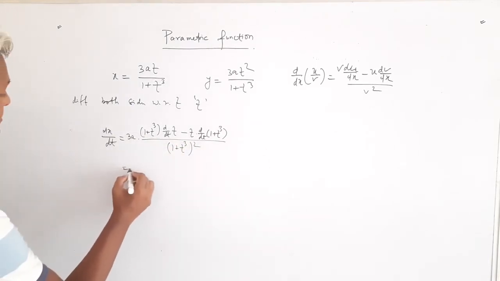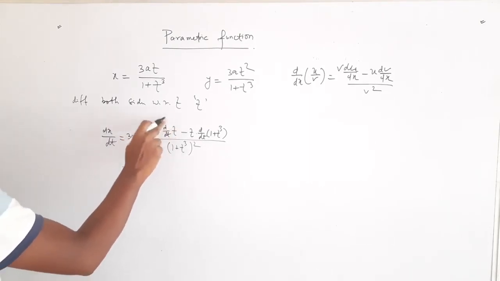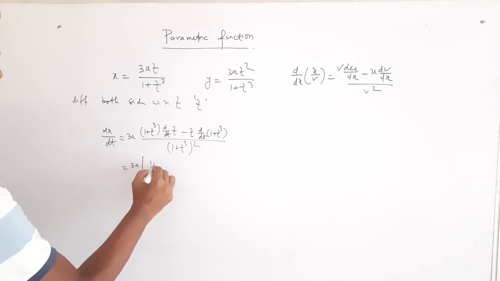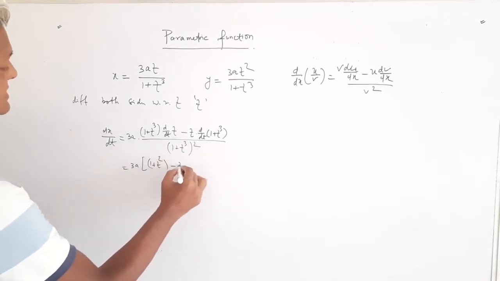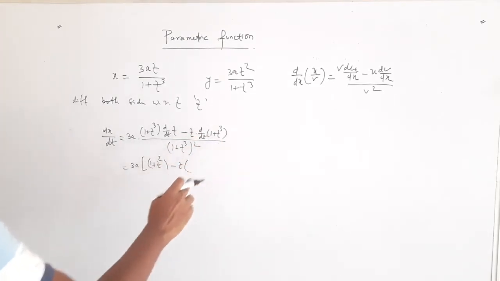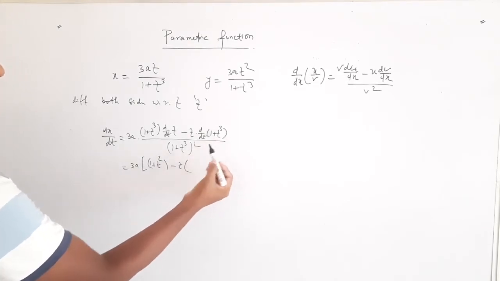So I just simply differentiate. The differentiation of t is 1, so this is 1 plus t cube, minus t as it is. And then the differentiation of 1 plus t cube is 0 plus 3t square. The differentiation of 1 is 0, and the differentiation of t cube is 3t square.